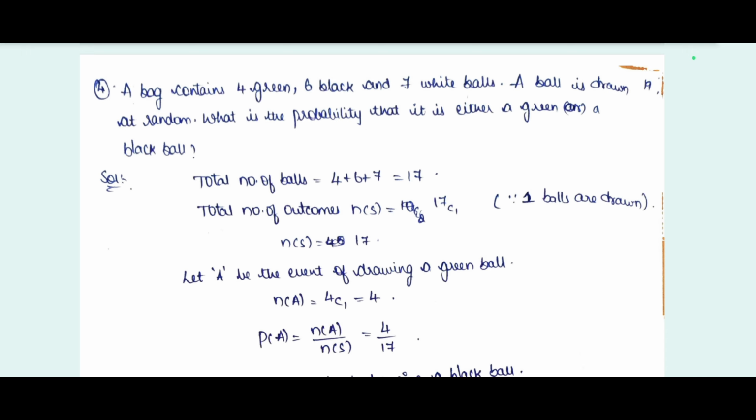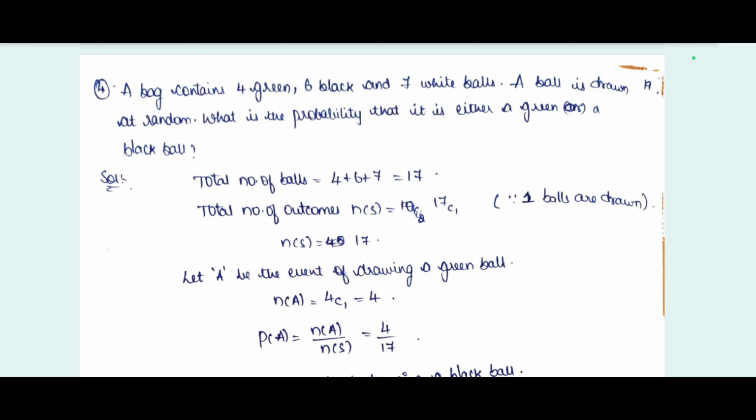The total number of balls is 6 plus 4 plus 7, that is 17. From that you are drawing exactly one, so n(S) is 17C1. Let A be the event of drawing a green ball. So n(A) is 4C1, that is 4.